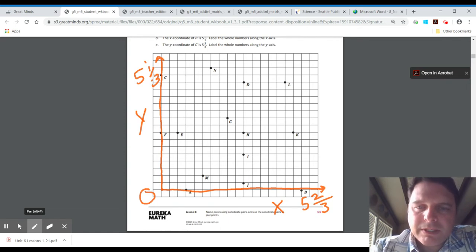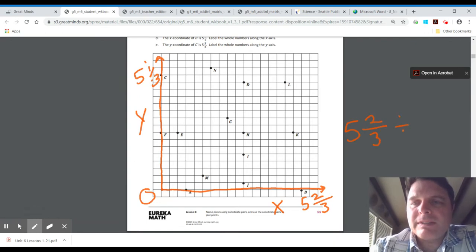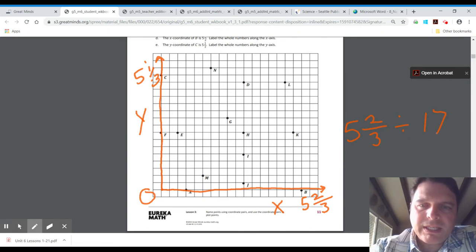So I had to count the number of blocks from 0 to 5 2/3, and I found out that was 17. So I would do 5 2/3 divided by 17. The reason I'm doing this is because if I evenly divide it into 17, it'll tell me what each of the blocks is worth.